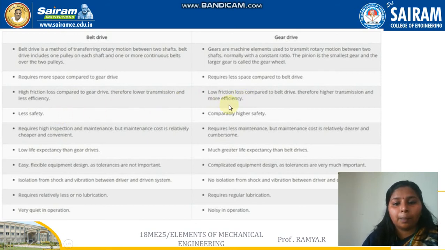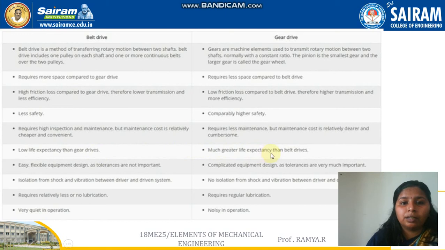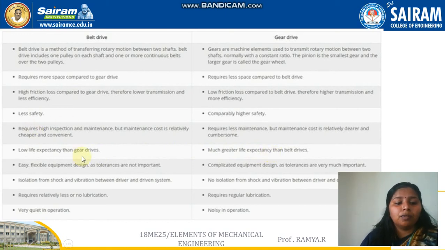Belt drive has less safety, while gear drive has comparatively more safety. A belt drive requires high inspection and maintenance, but maintenance cost is relatively cheaper and convenient. A gear drive requires less maintenance, but the maintenance cost is higher. Belt drive has low life expectancy, while gear drive has great life expectancy compared to belt drives. Belt drive has an easily flexible equipment design, as tolerances are not important.